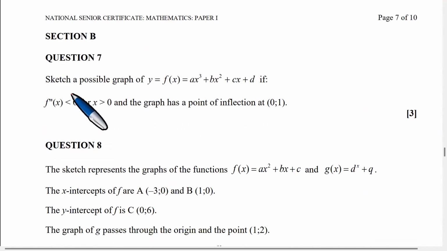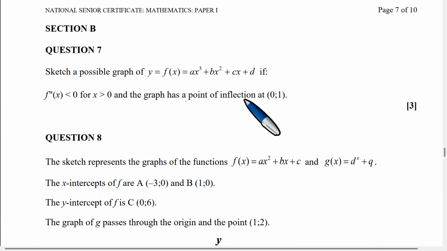Question 7. Sketch a possible graph of this one. Let's look at how to sketch the graph. We're looking at question 7, on the graphs as well. How do you sketch the graph? To sketch the graph, we have the following.